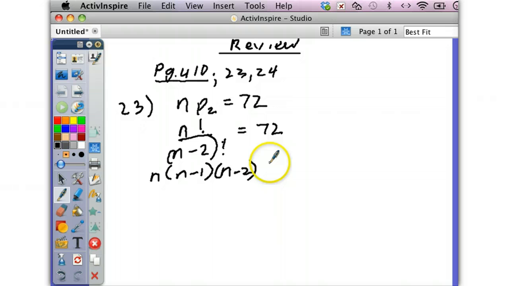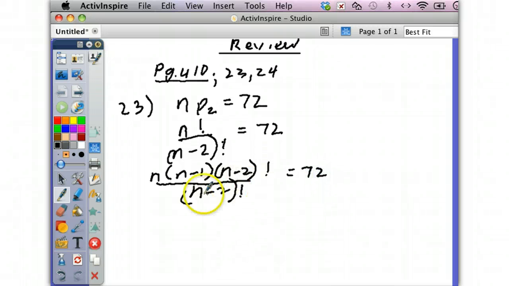Because I don't want to keep writing, I can say n minus 2 factorial right there. And downstairs, I have n minus 2 factorial. That's equal to 72. Watch how easy this will be now. We're going to cancel all of these, n minus 2, then n minus 3, and so on. And the only thing that survives would be what?